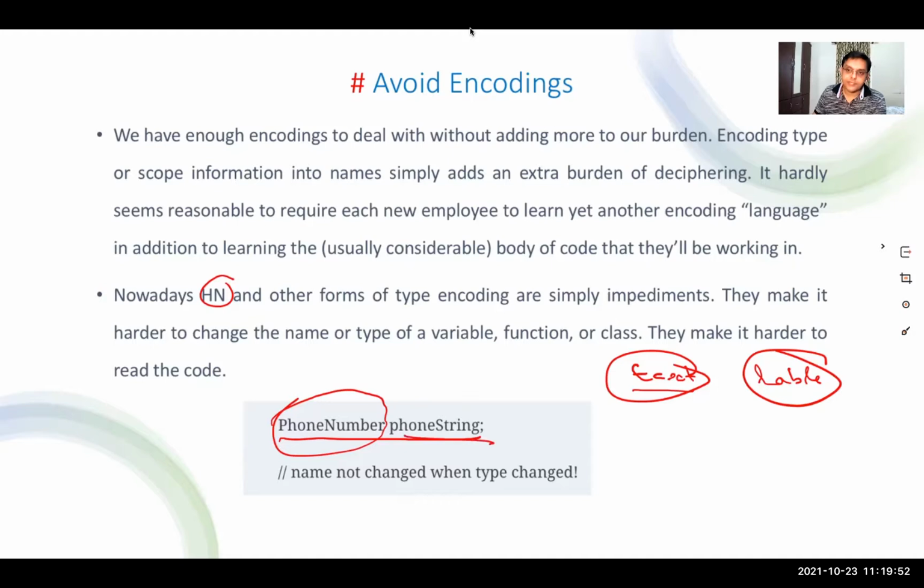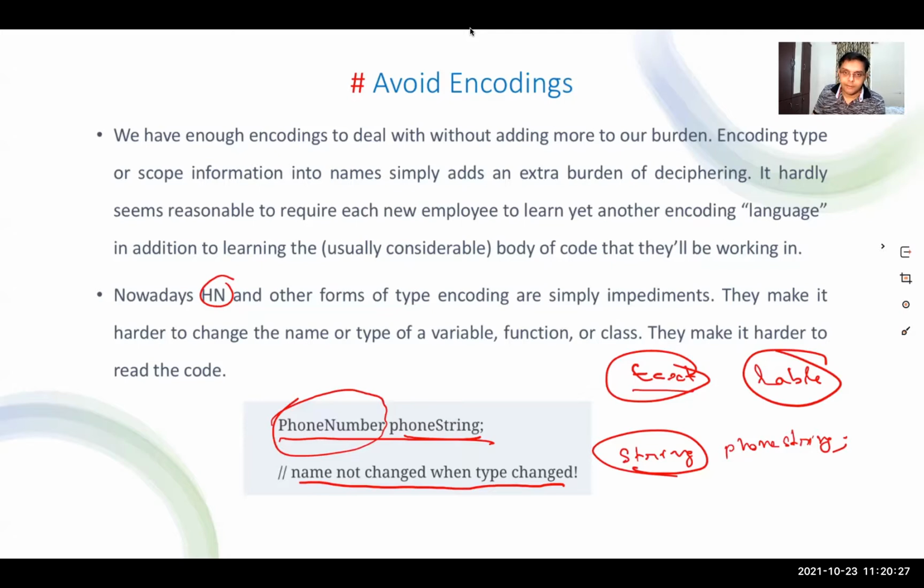But looking at this particular code, what we can assume is that earlier it was done like this: string phone string, right? Then I decided, okay, phone is not just a string, I need to add a lot of other things also. So I made it a class or something, but the name did not change when the type changed. So these kinds of issues can happen if you encode the data type into your variable.